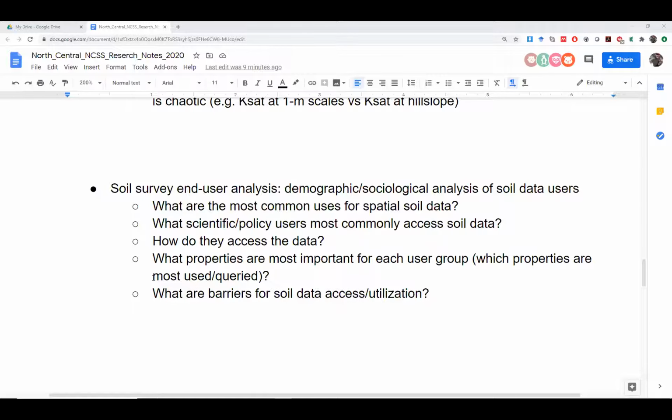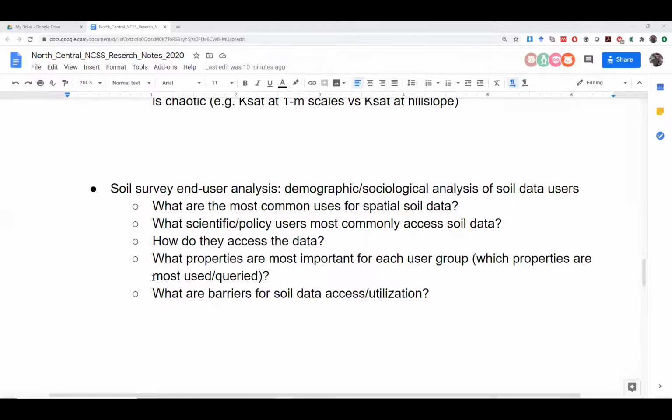So if we're thinking about the business of soil surveys as providing that value added piece to our clientele, it might be useful to do some maybe less soil science based research, but demographic or sociological research into users of soils data. So thinking about what are the most common uses of soils data, and what scientific or policy user groups are most frequently accessing that data. And when they access that data, how do they access it, and what properties are they interested in?